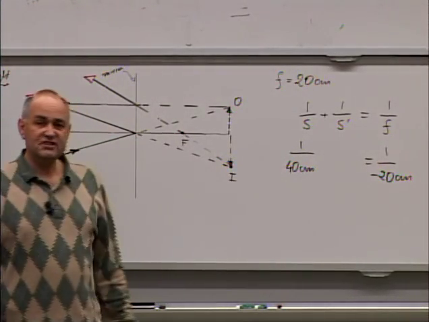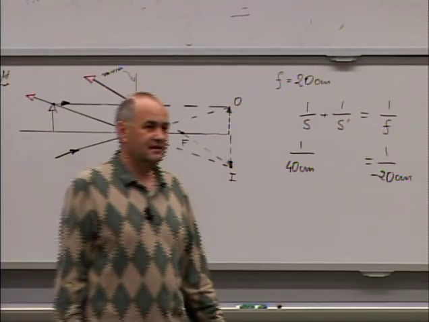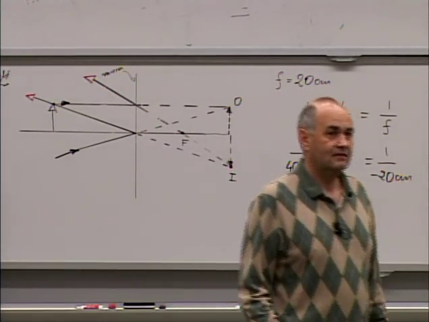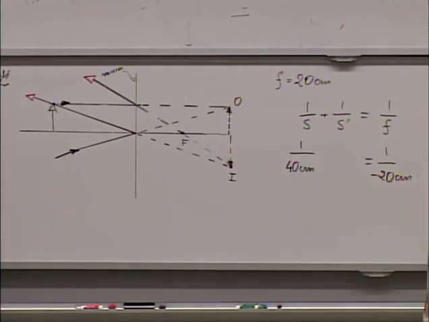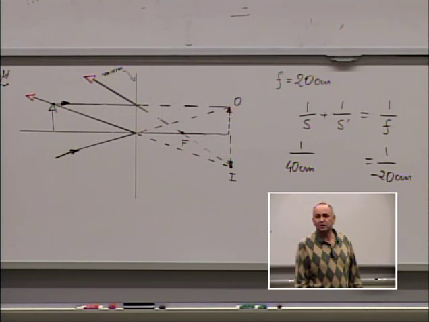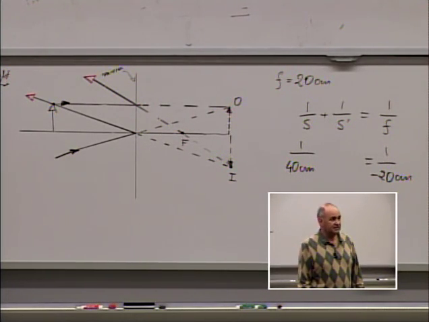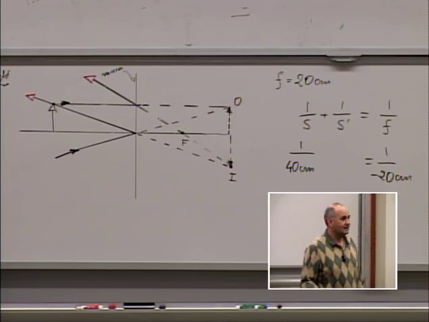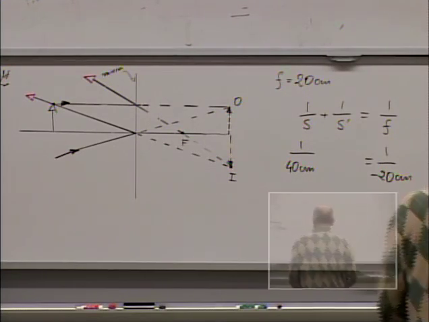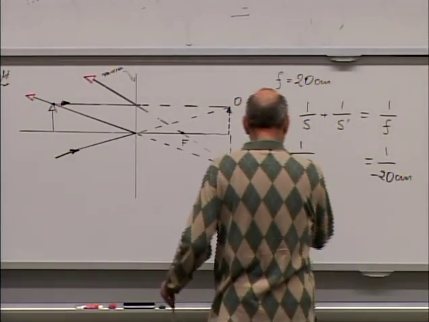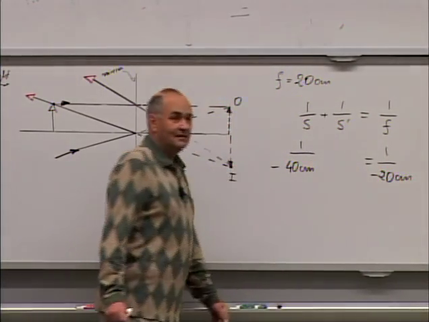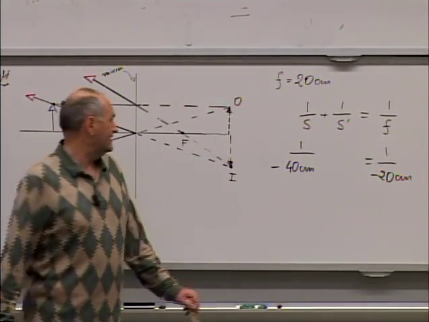Should I have 40 centimeters? Who buys that? Who thinks that it's a different number? It is a different number. Eric, what is it? Negative 40. And why? Because it is on the other side, correct.